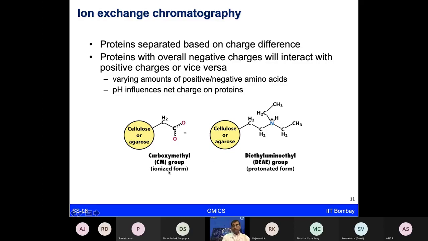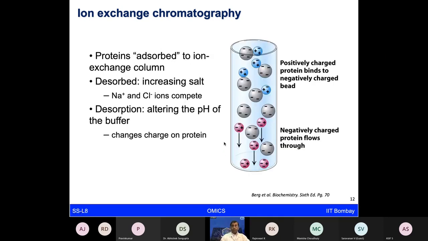One is the CM group, carboxymethyl group, or you can have the DEAE group, which is diethylaminoethyl group, which are linked to cellulose or agarose beads. Then you pass your proteins, which are either positively or negatively charged. If you are taking a negatively charged resin, the positively charged proteins are going to bind, and then you are going to desorb them.